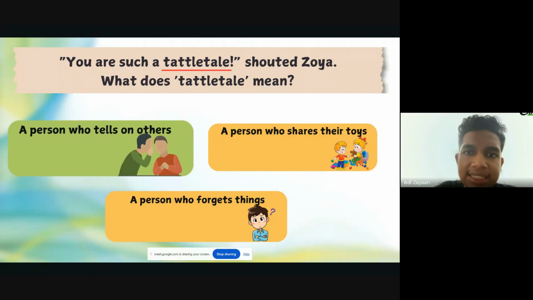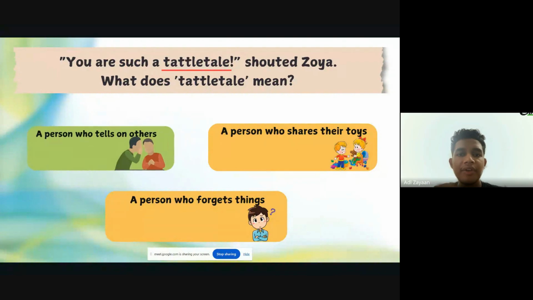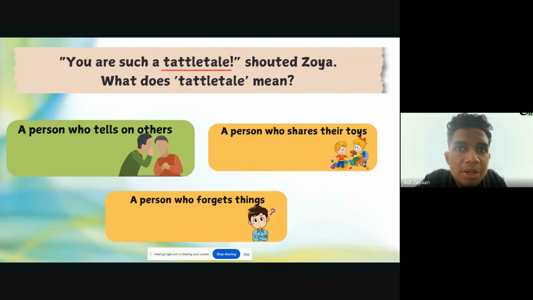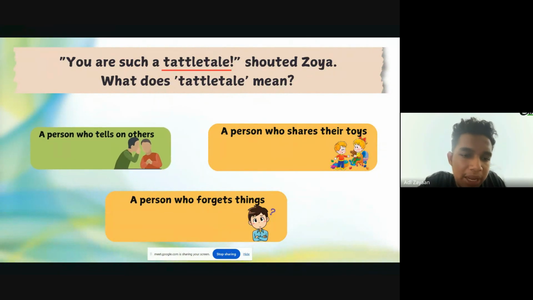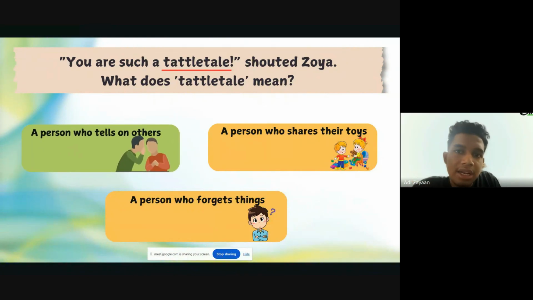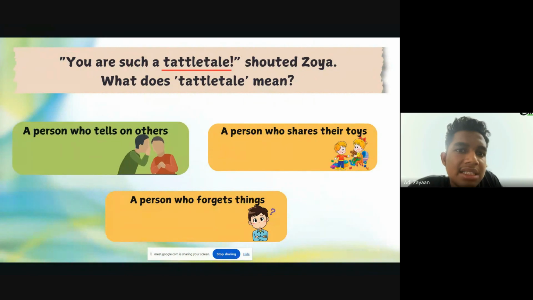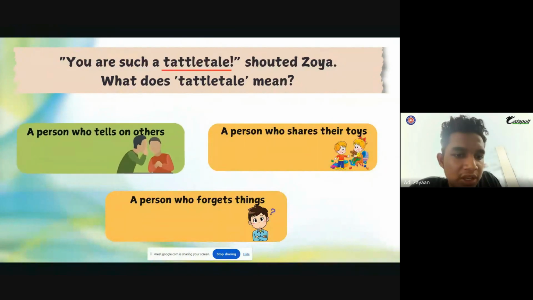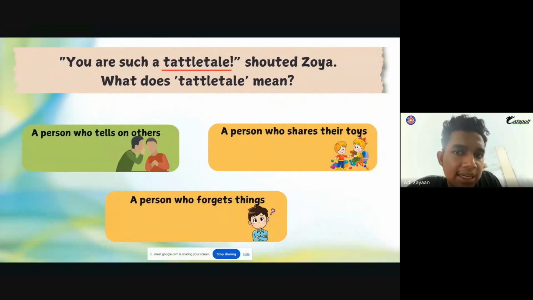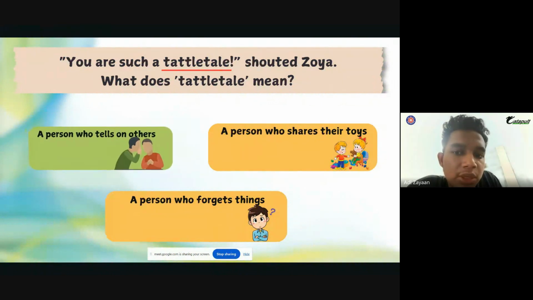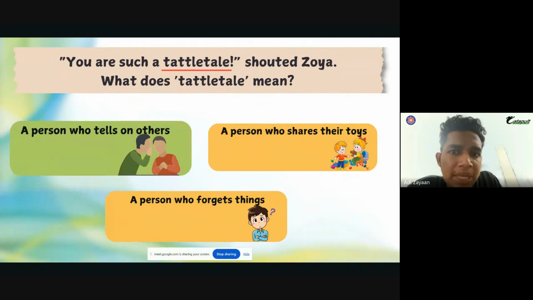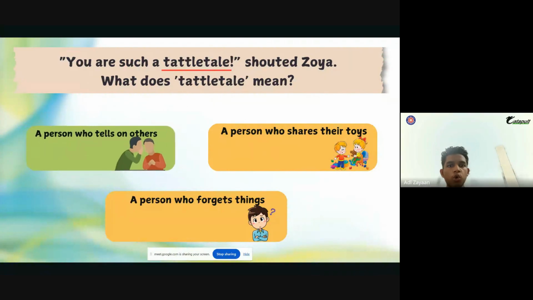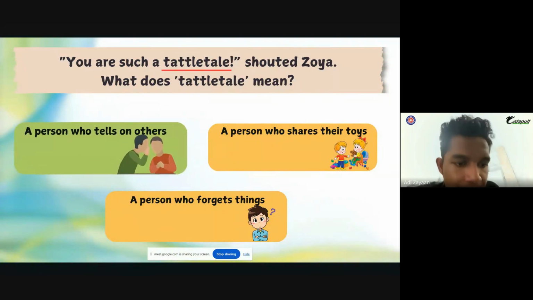When Zoya did something, Arman said that he would complain to his mother. So Zoya said that you are such a tattletale. Tattletale means a person who complains about one person to another person. So Zoya said that Arman was a tattletale. Tattletale is not a person who forgets things, and not a person who shares their toys. Tattletale is a person who tells on others.